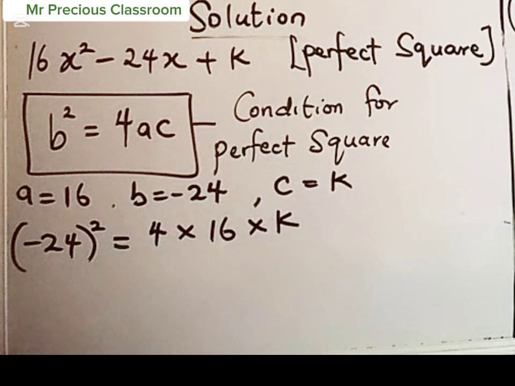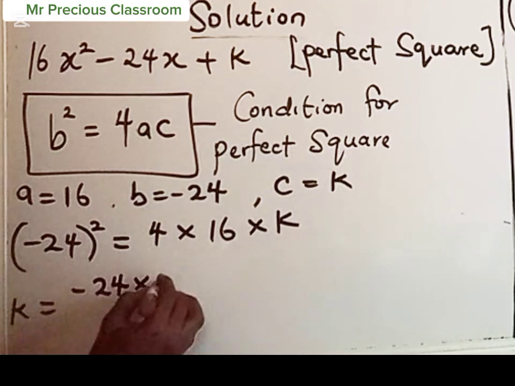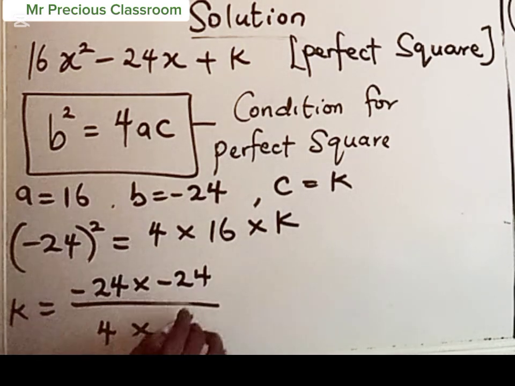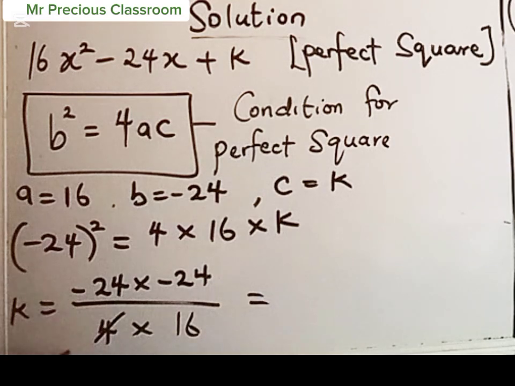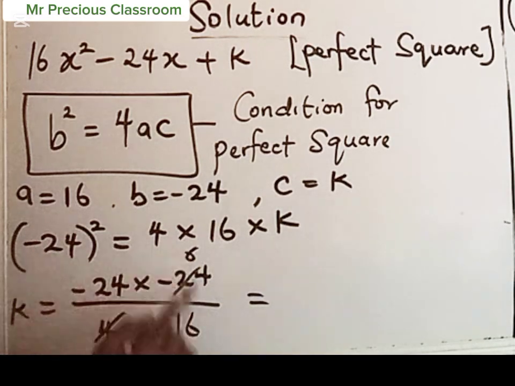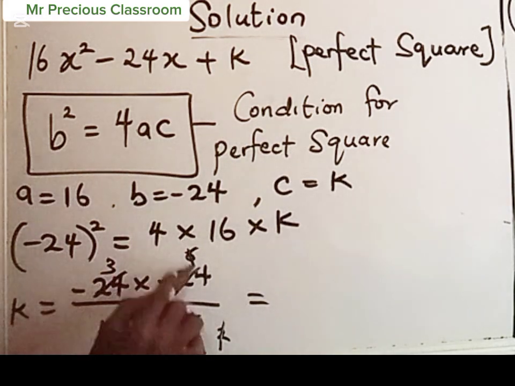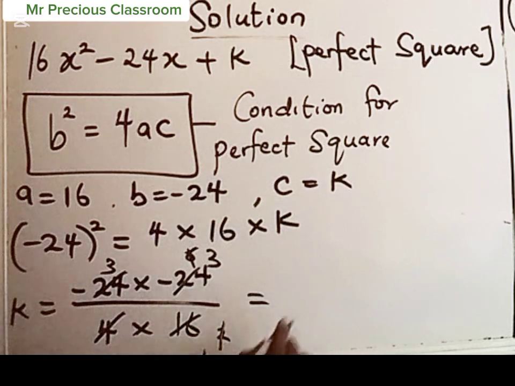So you can see easily that k is minus 24 times minus 24 divided by 4 times 16. So what do we have? 4 ones are 4, 4 sixes are 16, 8 twos are 16, 8 threes are 24, 2 ones, 2 threes. So we have minus 3 times minus 3, which will give us 9. So k is simply 9.